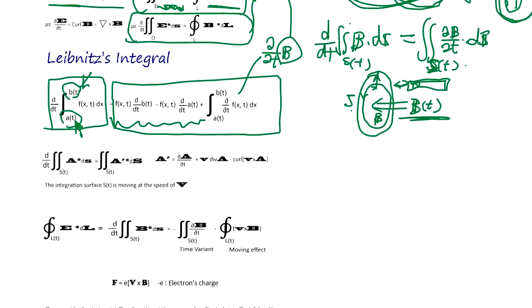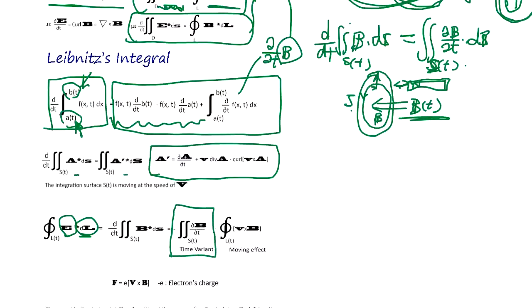We use d over dt of the integral of the potential field, and this potential field derivative is going to be this way. So using this, with the help of the vector potential, we will get the electric field generated along this line, which is from the time-variant magnetic field and a moving effect.